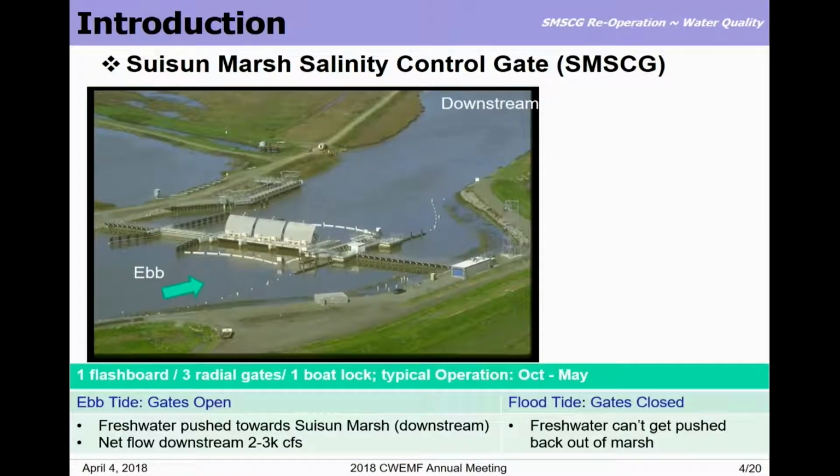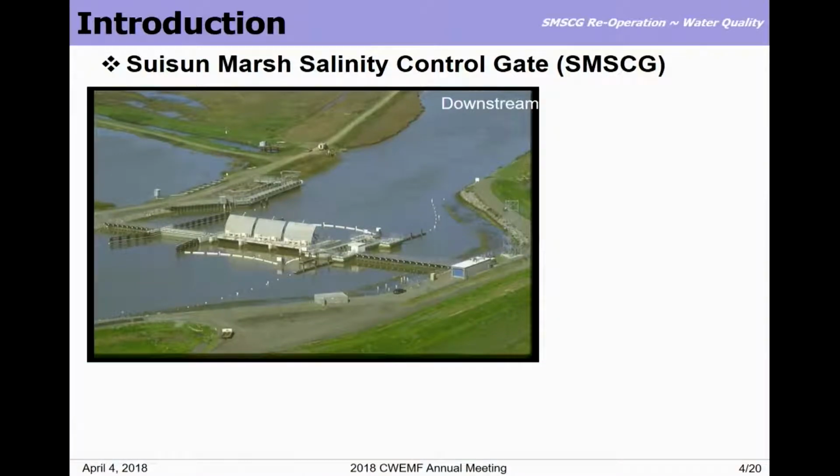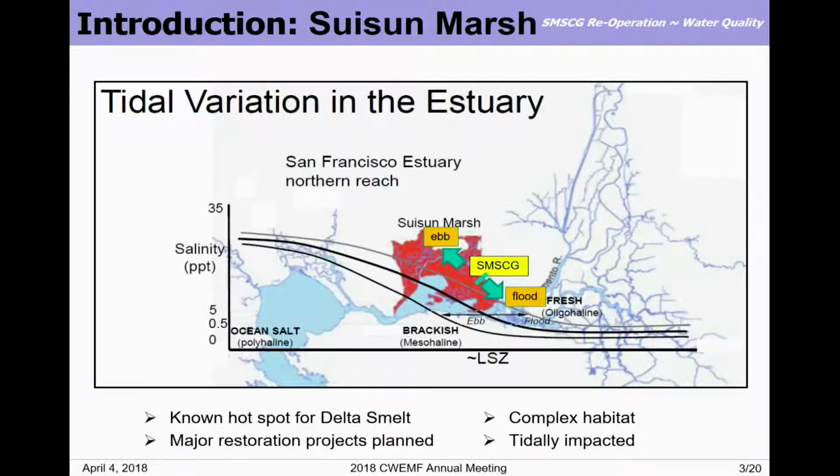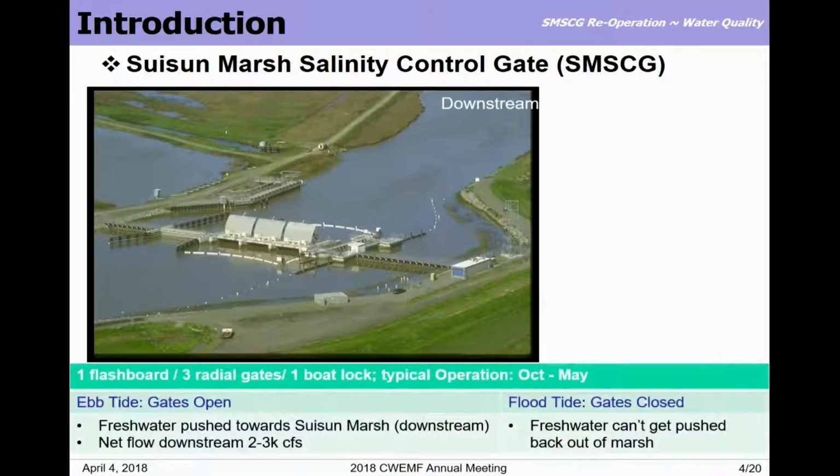The logic behind this is, the Montezuma Slough is a narrow slough compared to what we have here for the confluence, so the same amount of fresh water can really push into this marsh. Also, this marsh is shallow, so the same amount of fresh water can benefit a large area.